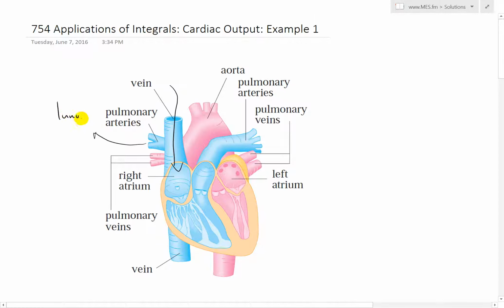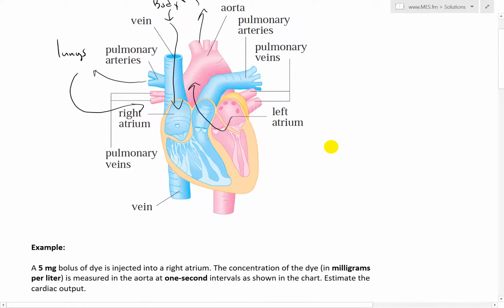From the lungs it goes to the pulmonary veins, then into the left atrium, which then goes into the aorta, like a main artery. Those arteries take this oxygen-filled blood, because the lungs are what fill the blood with oxygen, to the rest of the body, and it keeps going in a big loop like that.